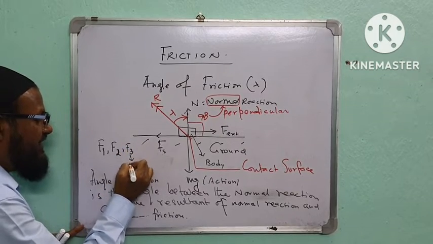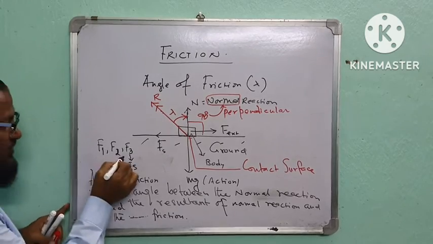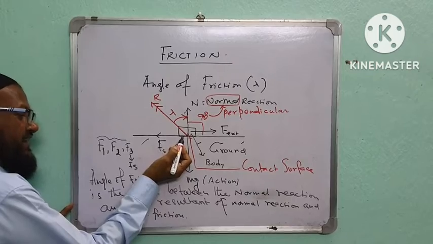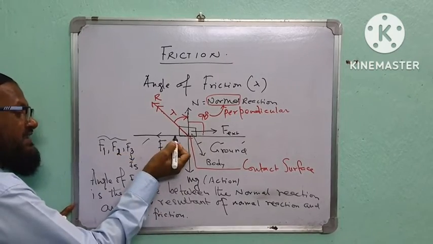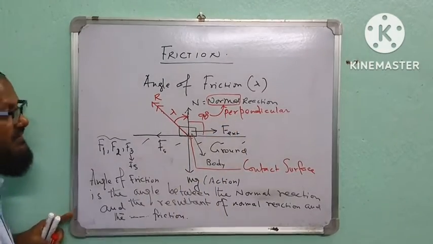This F3 is equal to F. What are F1 and F2? A force is applied, and the body is at rest. In this case, F1 is applied again. What is the meaning of that?